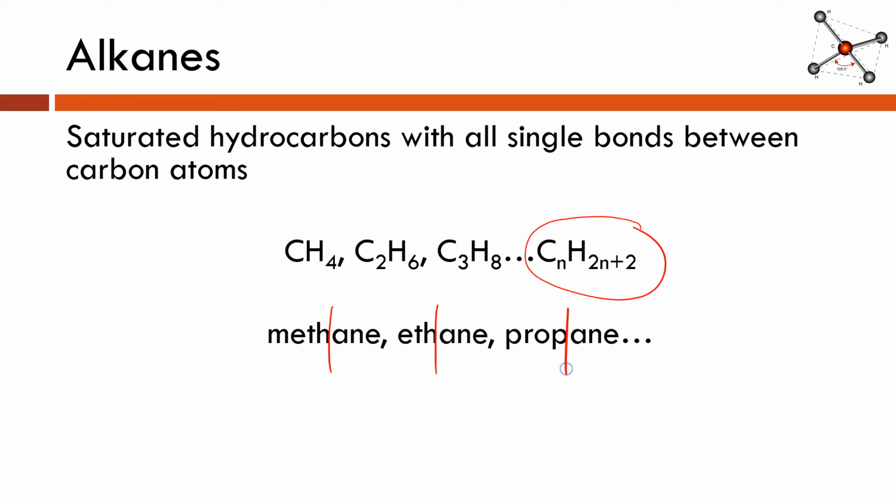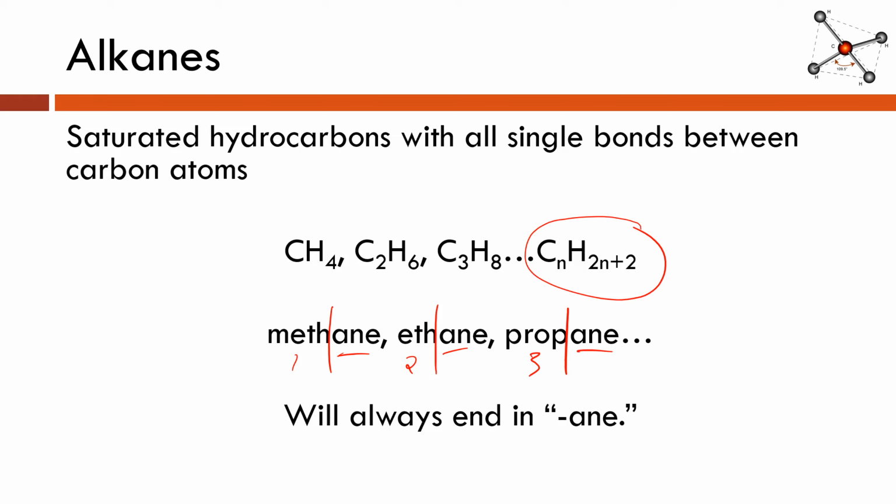They all end in ane, which tells us that it's saturated, so single bonds between carbon atoms. And then the prefix meth means 1, eth 2, prop 3. So that's the number of carbon atoms present in the longest chain. All alkanes, regardless of how many carbon atoms are present in that long chain, will always end in ane.